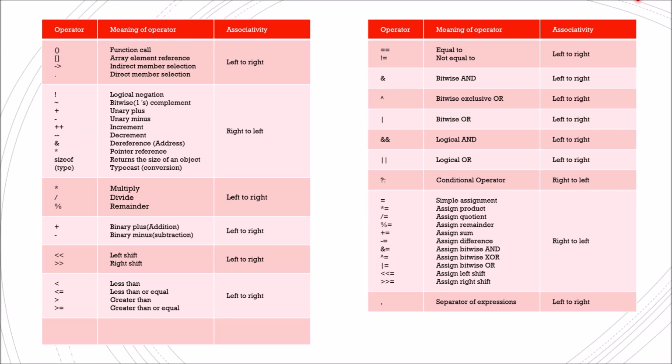The last lesson on this topic of C operators will be precedence and associativity of operators. Just like in math, the C programming language has a hierarchy for its operators, from the highest to the lowest.